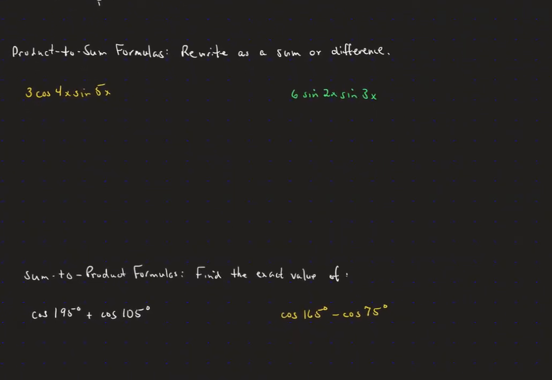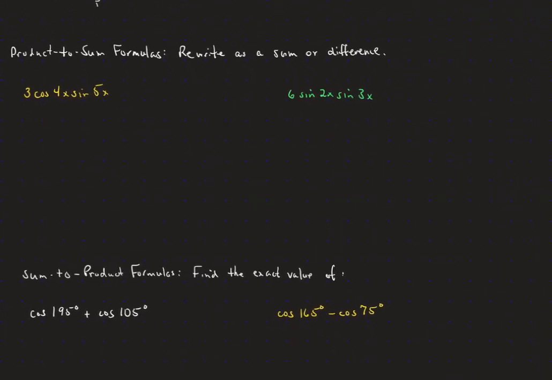Okay, now we're going to go to the product to sum formulas. So product to sum formulas are on the left side on the very bottom. Here we have a cosine times a cosine. If you look down at those, cosine times sine is the very last one.